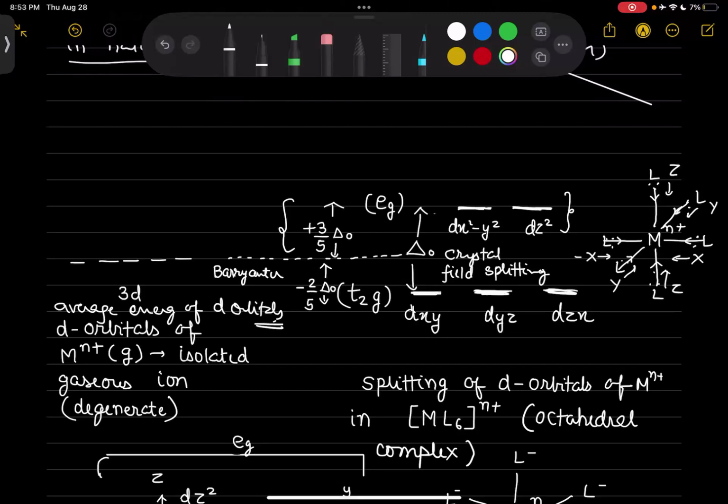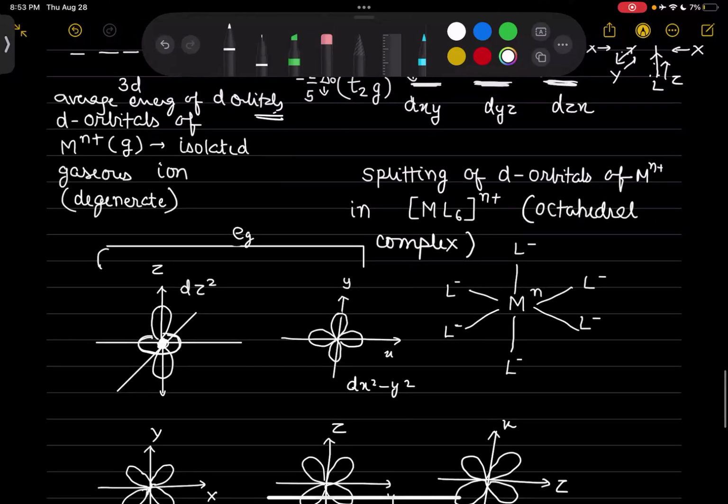In all the octahedral complexes, the pattern is going to be the same, right? But the gap is going to be different.